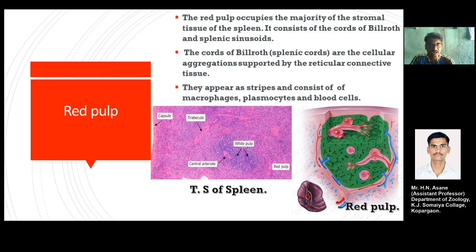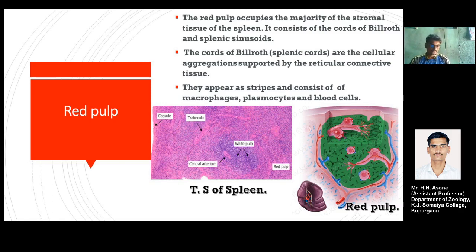The central arterioles are located in the white pulp, and they provide the blood supply to the spleen, and the white cells get through them and settle over there.